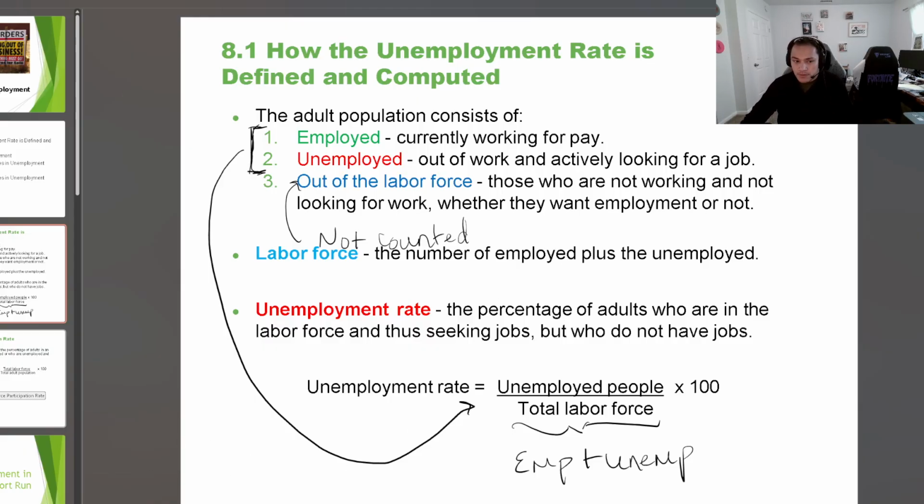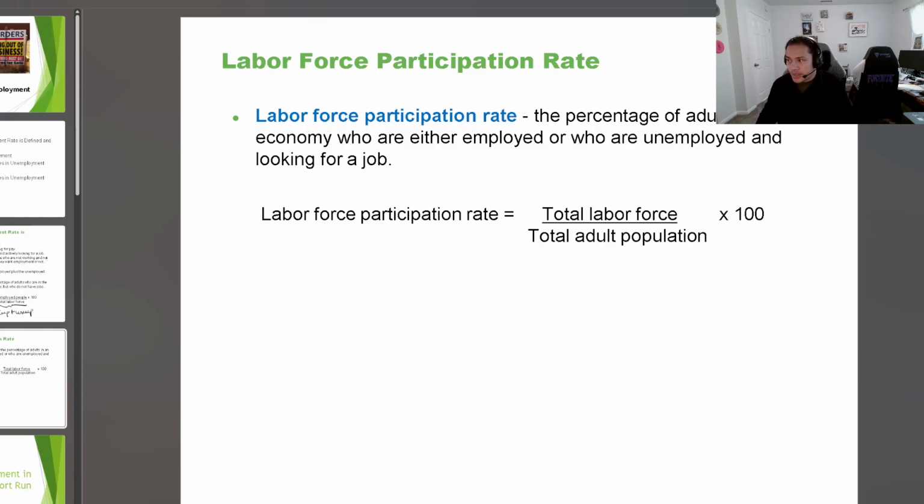But I want to juxtapose this formula with the labor force participation rate. When we think about our labor force participation rate, we have our total labor force, which again can be written as our employed plus unemployed over our total adult population. And really this is a little more specific.